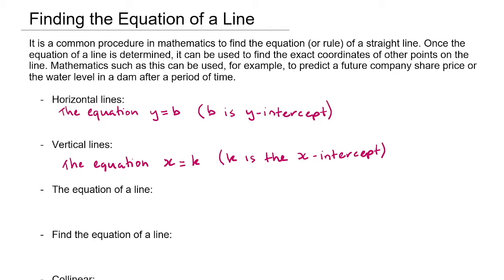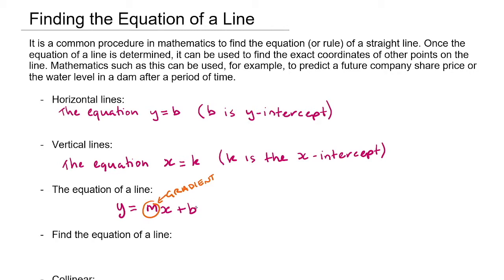Now when we are looking at the equation of a line, the most common one that you're going to come across is y equals mx plus b. Each of these parts of the equation actually do serve a purpose. Our m is the gradient.